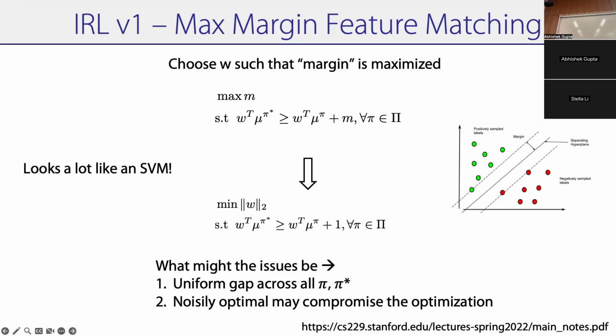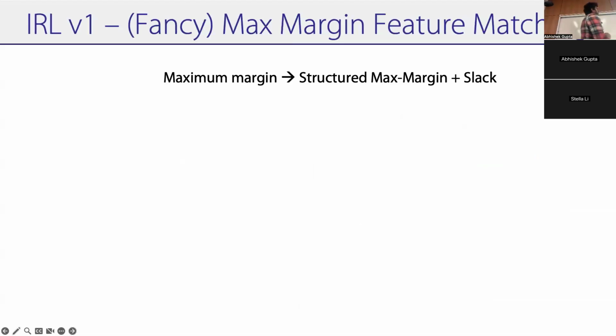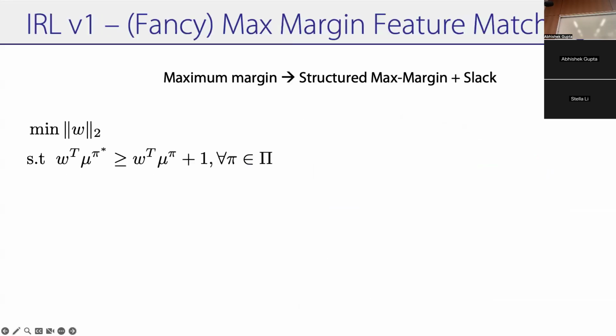And so this paper, max margin planning, basically tries to make two changes to the max margin formulation. The max margin formulation converts inverse RL to solving this constrained optimization.